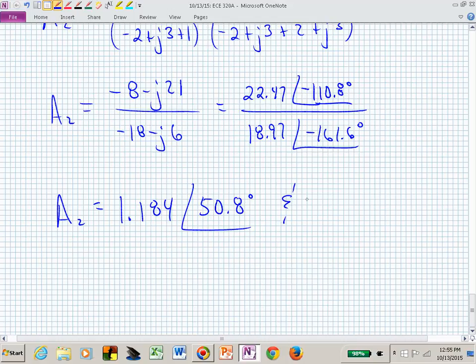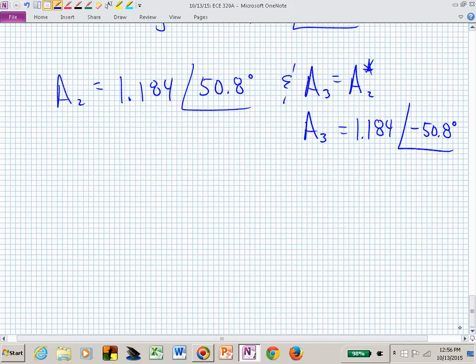Once we found a sub 2, we now have a sub 3, which is just the complex conjugate of a sub 2. A sub 3 has the same magnitude. What's its angle? It's now minus 50.8 degrees. That's a sub 3. And we don't have to do any more complex math to find a sub 3 other than change the sign of its angle, because it was sitting on top of the conjugate factor that we started with.